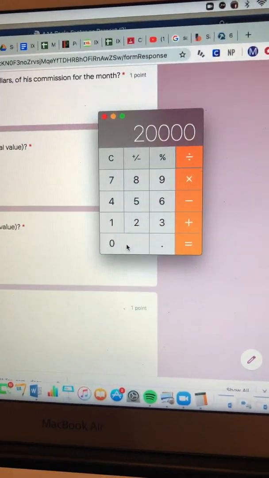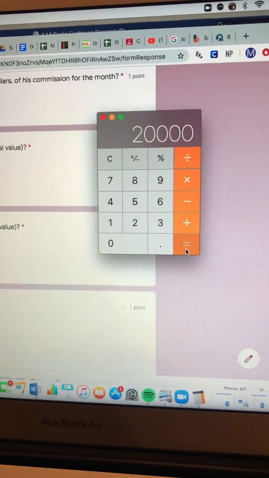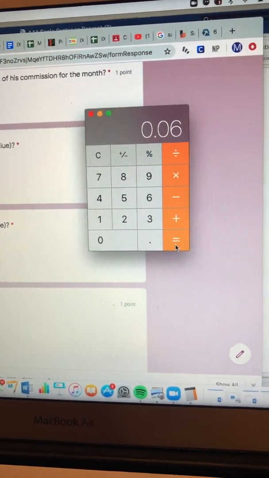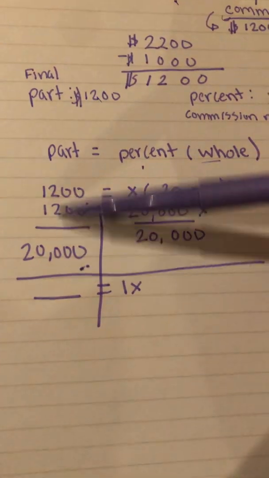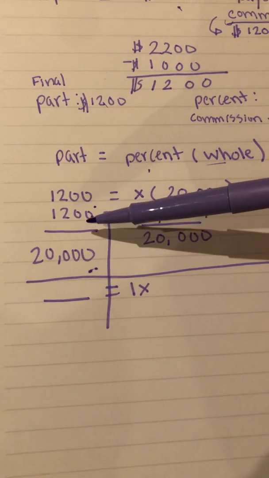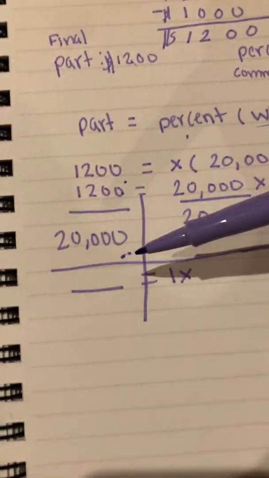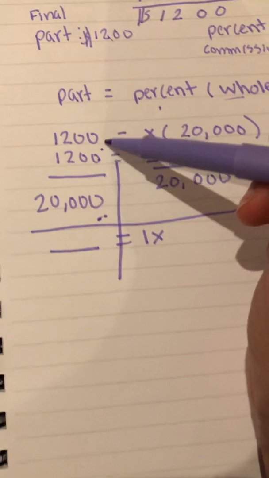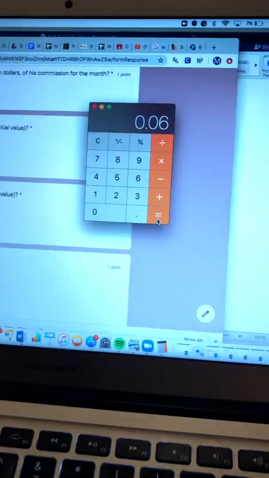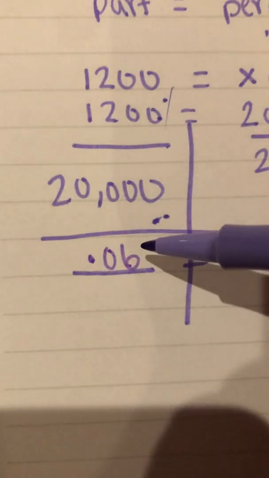A lot of you are just so used to the habit of putting the greater number as your numerator. No, you need to really understand with division what this means, okay? So here we go. 1,200 divided by 20,000, as you saw right over here, gives me 6 hundredths, okay?